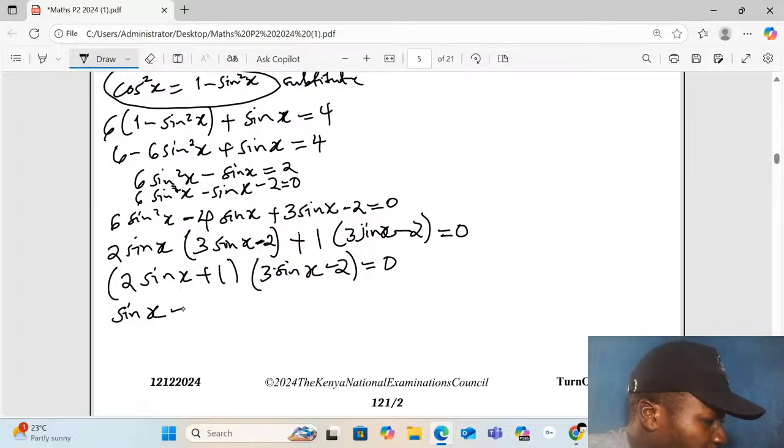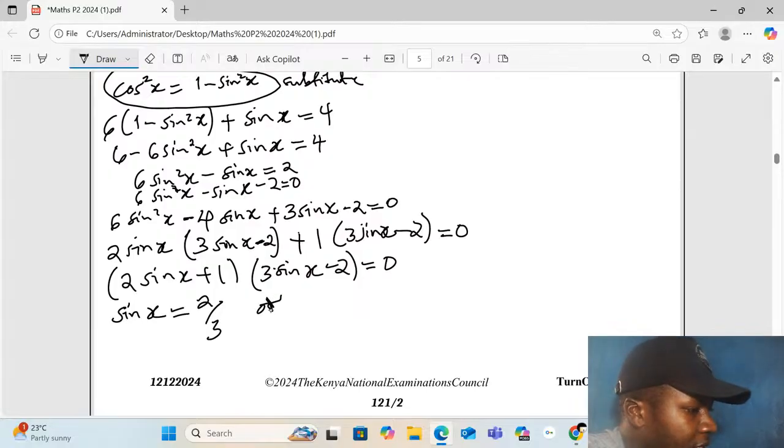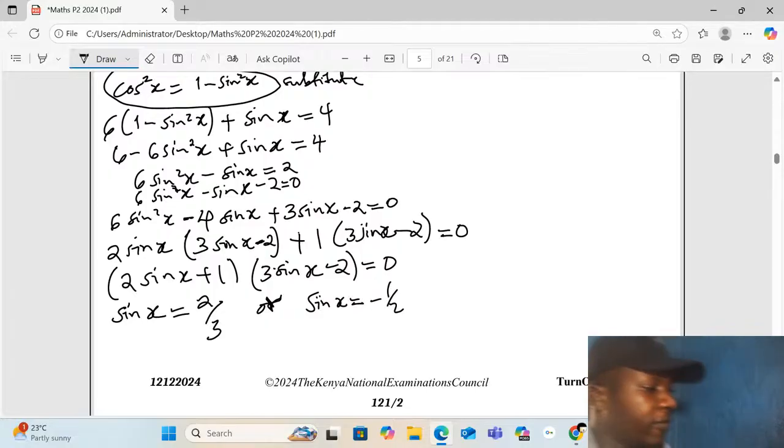When you factorize this one to be equal to 0, and this one to be equal to 0, you're going to get sin x to be equal to 2 over 3, or when you equate 2 sin x plus 1 equals 0, we're going to get our sin x to be equal to negative half. So our sin x here is 2 over 3, and on this other side sin x is negative half.